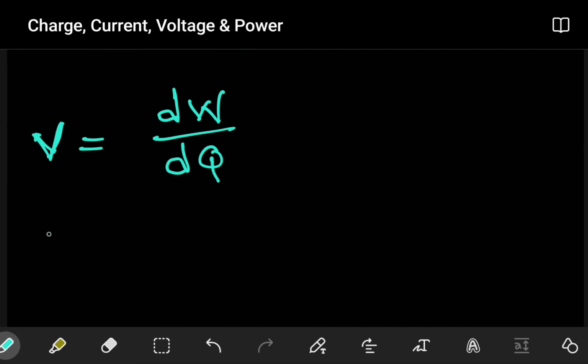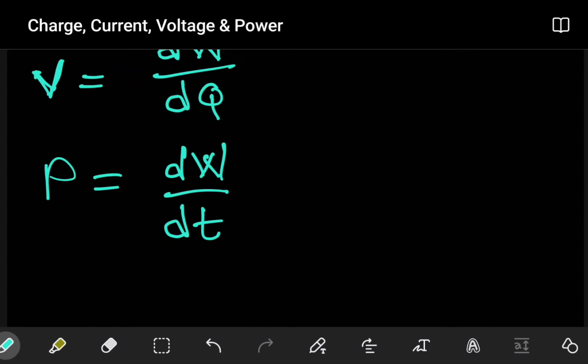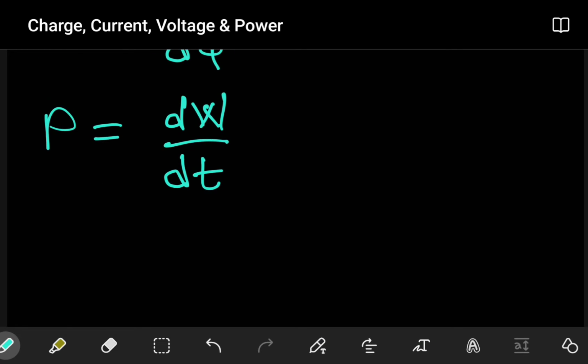Now, if you look at power, of course, we're going to use the original definition of what power is. Power is just work done over time. So we're still going to look at the amount of work done with respect to time. So this is what power is. But if you recall from elementary physics, you should remember that power can also be calculated by voltage times current.